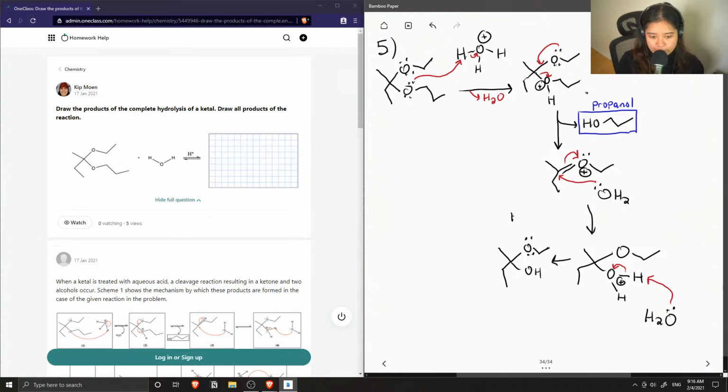So now the lone pairs on this oxygen. So now it's a similar mechanism to how we started. This will come in and take one of the hydrogens from a hydronium ion. And have a positive charge now.